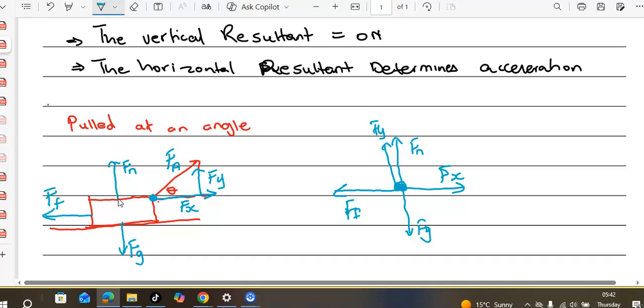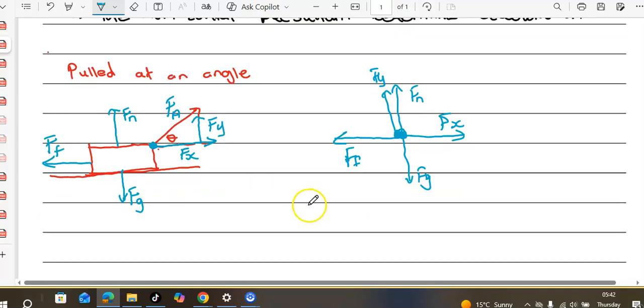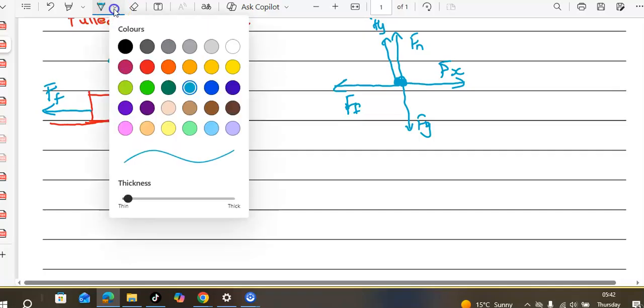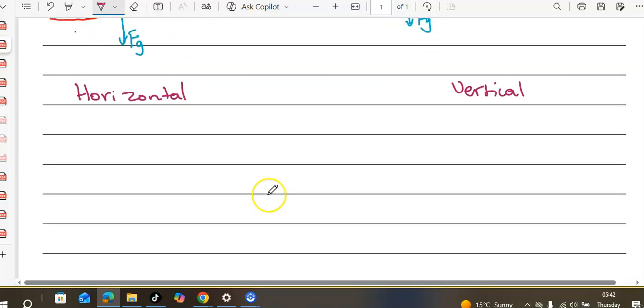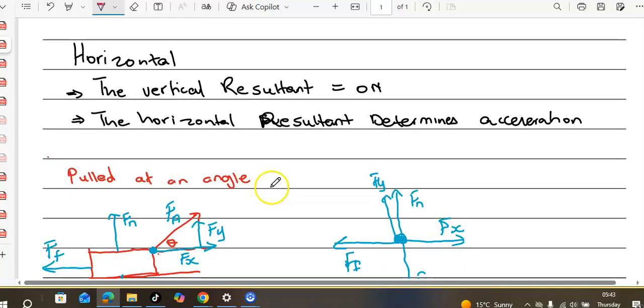You understand? Okay, the reason why I wanted us to do the free body diagram is because I need you to understand the horizontal and the vertical. You understand? So let's start with the vertical, because this is what we already did. Remember the vertical, we just said that the vertical resultant is what? It's 0.